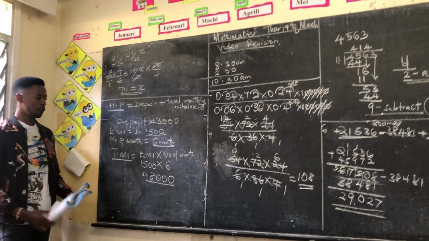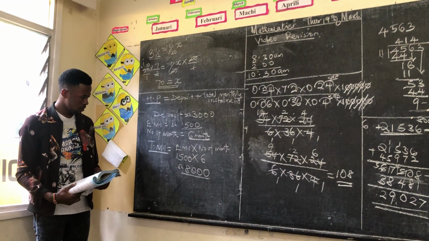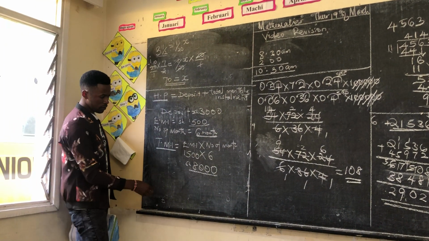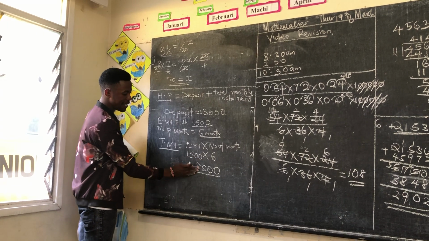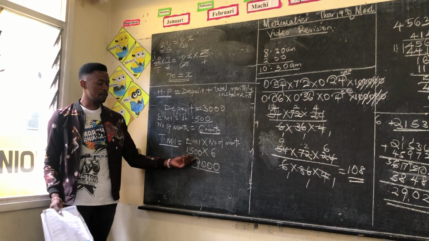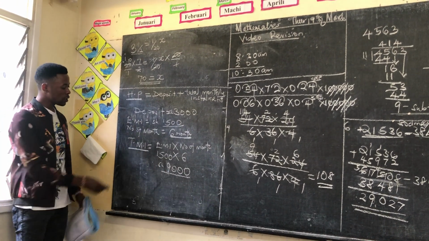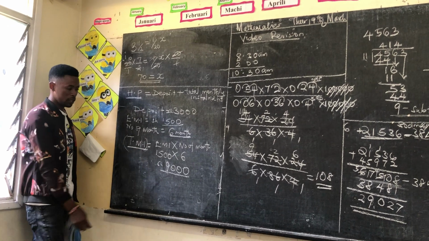Oh, sorry for that. That is 9,000. I'm sorry. So 1,500 times 6, that is 9,000. So the total monthly installment was 9,000.